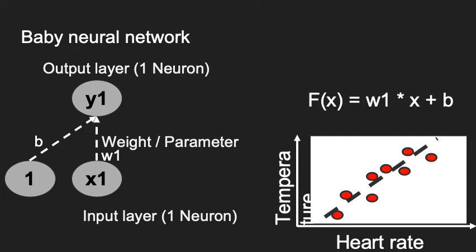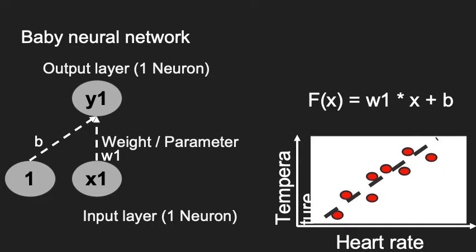In a neural network context, this will be represented like this. You have x as an input, and the output layer is y here. Between x and y, you have something that is called a weight or a parameter, w1 here, and you also have the bias here, b.